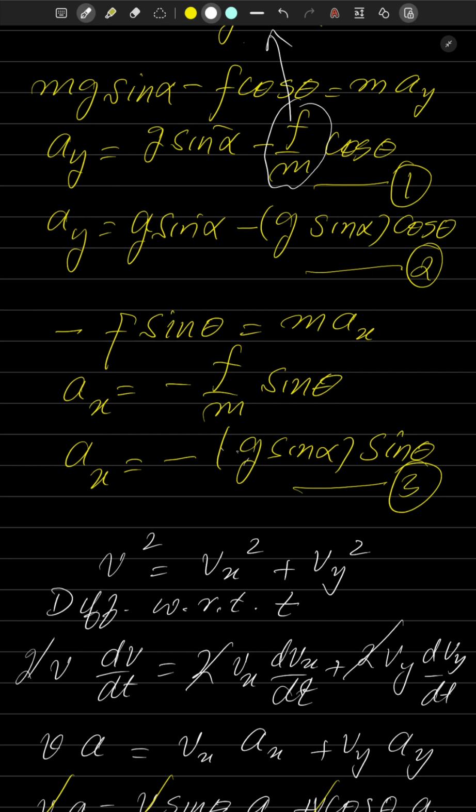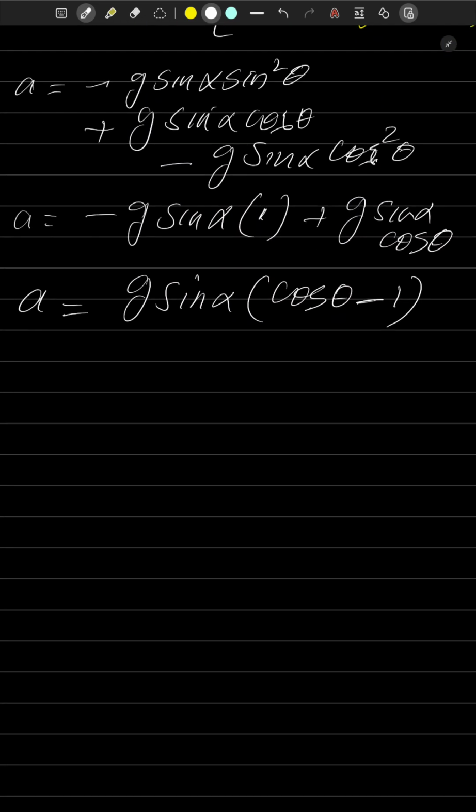Look at the acceleration along y. So what is the acceleration along y? This is g sine alpha minus g sine alpha cos theta. If we clearly look at the previous equation, have you noted that this is nothing but the same as this one?